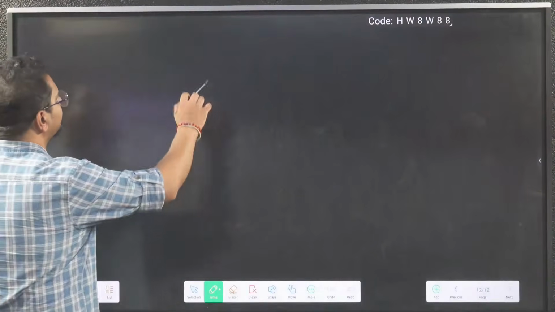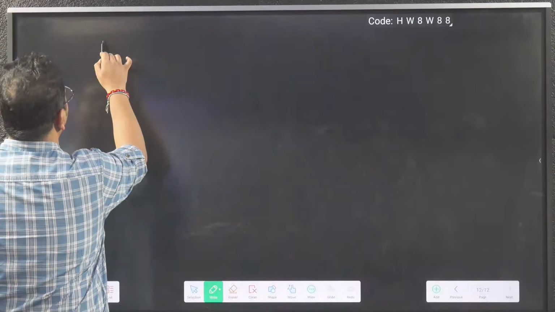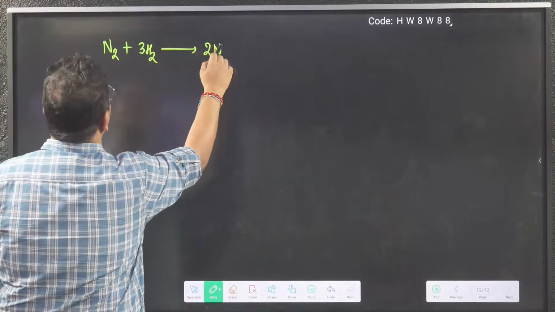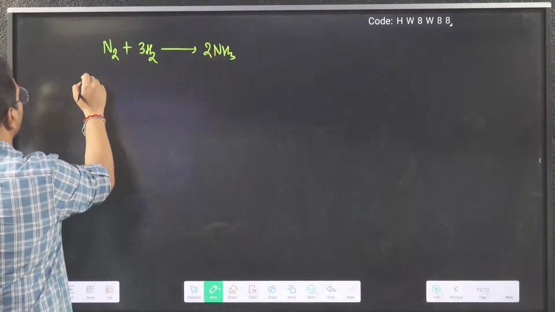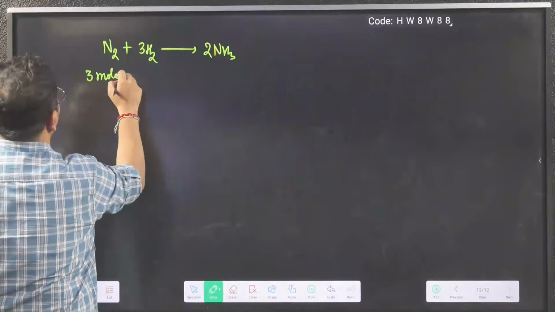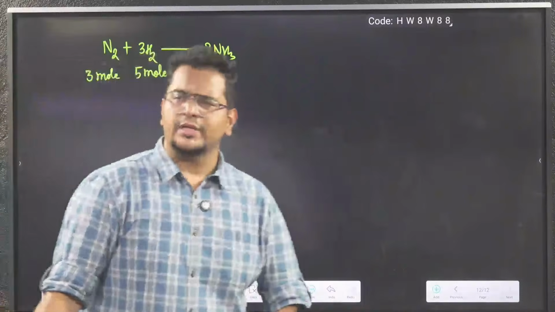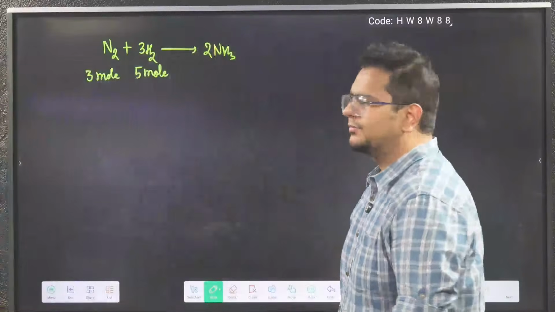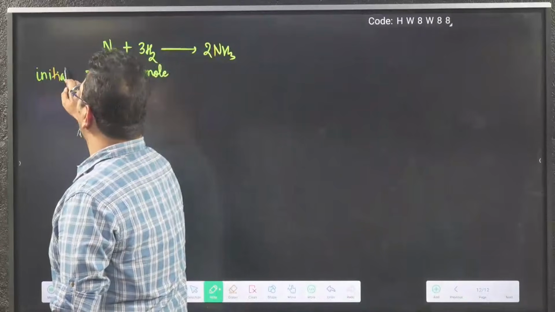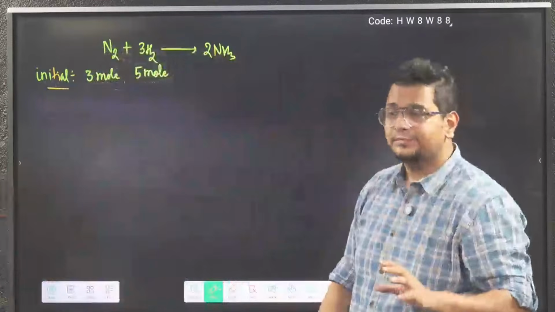Now understand. Tell me the statement. Let's say N2 plus 3H2 gives you 2NH3, example I am taking again. And 3 mole nitrogen and 5 mole hydrogen are there. Nitrogen is 3 mole, hydrogen is 5 mole. Initially, in the beginning, I mixed 3 mole nitrogen and 5 mole hydrogen.